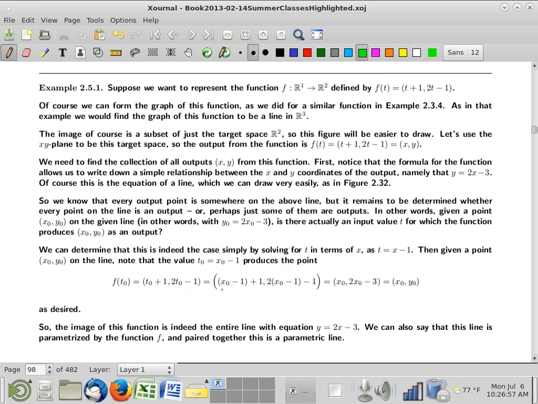And then simplify this expression, and it turns out to be conveniently exactly x naught, y naught. So not only is every point on this image on this line, but furthermore, the image creates the entire line. Okay, so that's how this process works.